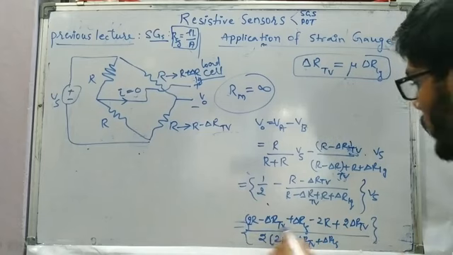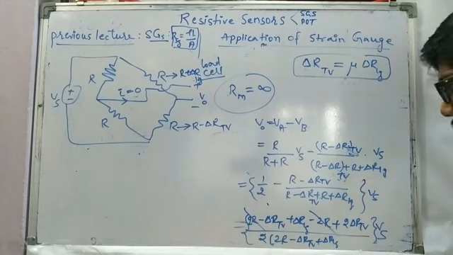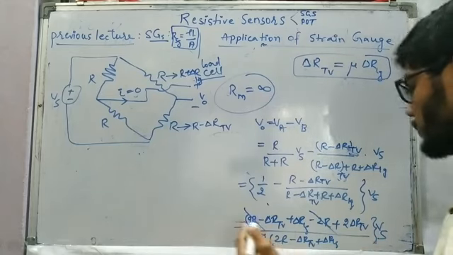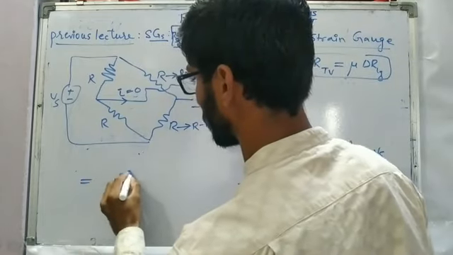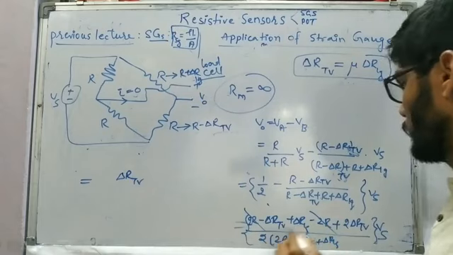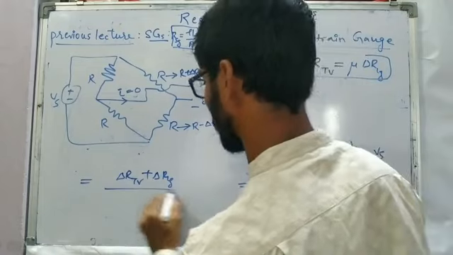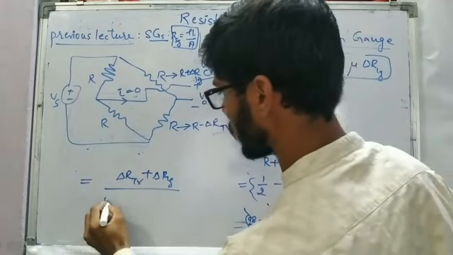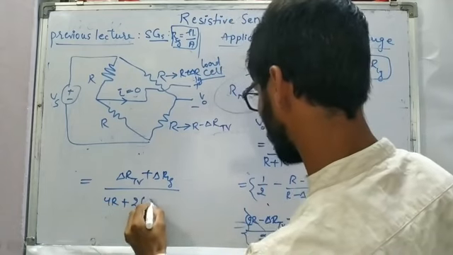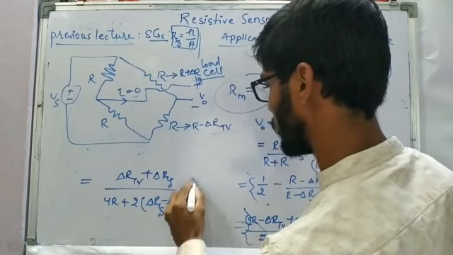The whole thing is multiplied by Vs. And now 2R minus 2R gets cancelled, and 2 times delta R transverse minus delta R transverse is going to become plus delta R transverse plus delta R longitudinal, divided by 4 times R plus 2 times delta R longitudinal minus delta R transverse.